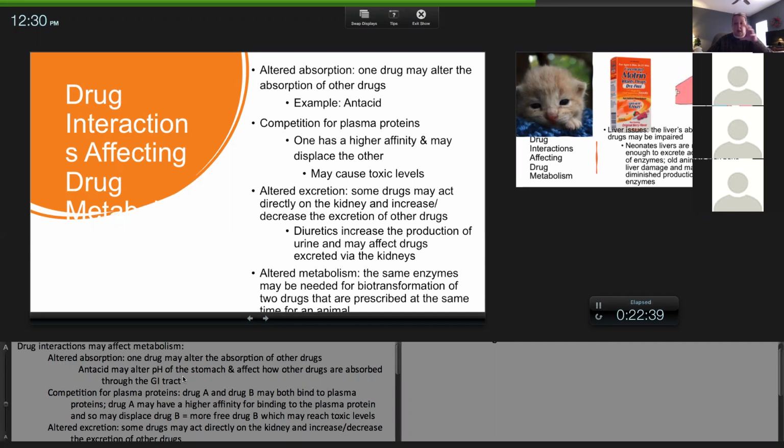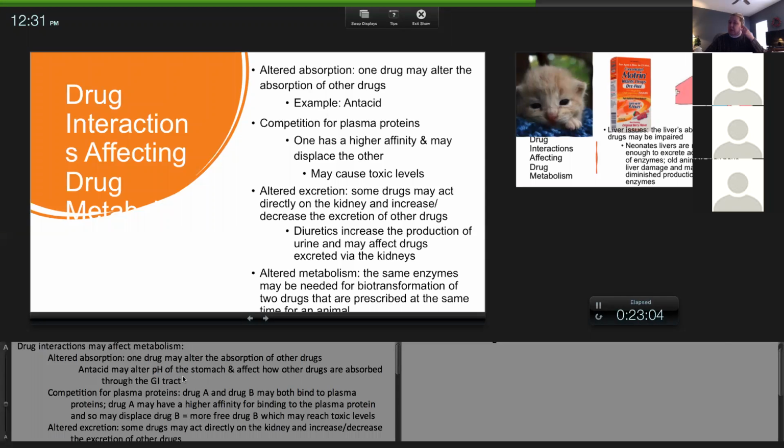Sometimes, and I stress these little notes because sometimes you have to explain this to the client, we separate when medications are given. There are a lot of medications we can give. If we have a patient on GABA and Rimadyl and Tramadol, a lot of times we give all three at the same time because they don't interact with each other.